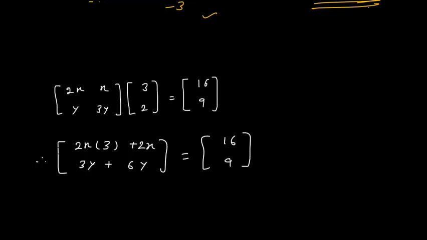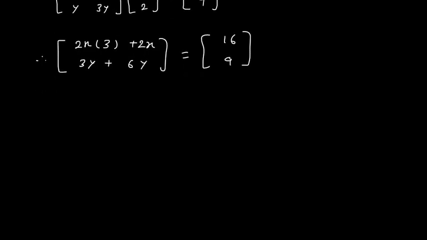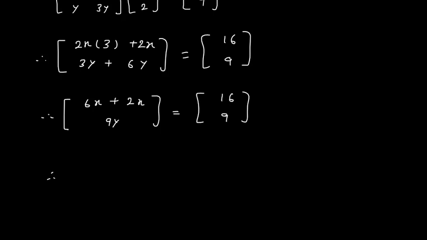So therefore this will give me 6x plus 2x, 3y plus 6y is 9y, and this is equal to 16 and 9. So I will say 8x and 9y is equal to 16 and 9.